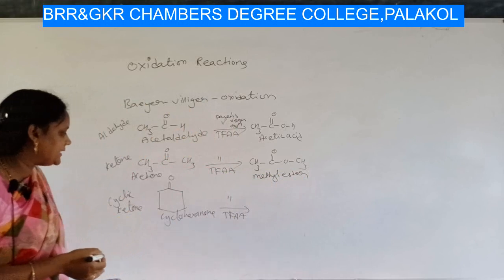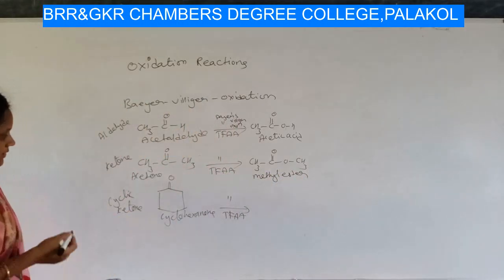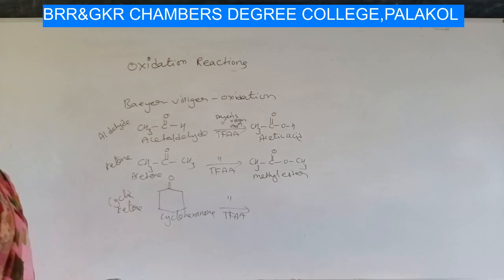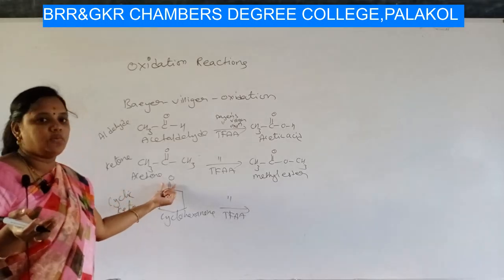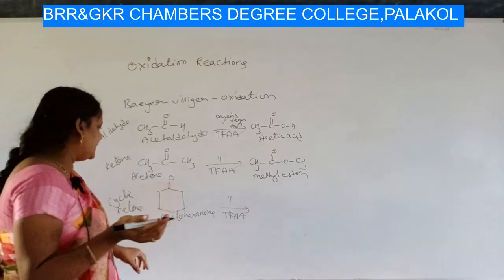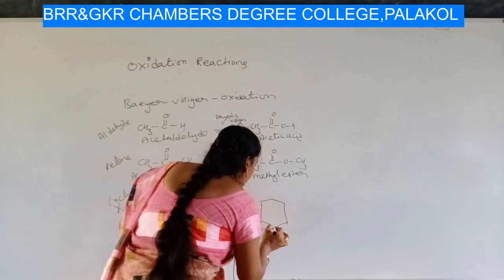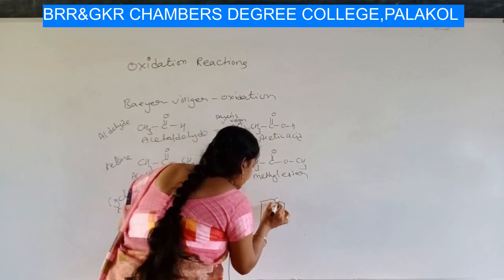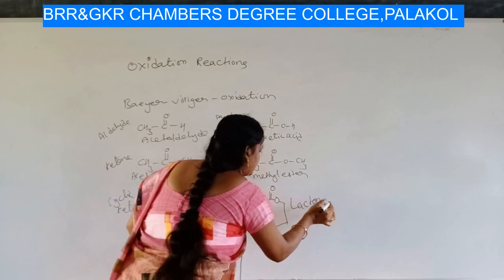Next, if you take a cyclic ketone, cyclohexanone: a benzene ring without double bonds is called cyclohexane, right? I have taken a double bond O, so it becomes cyclohexanone. So the oxygen will be inserted here, double bond O. This compound is called a lactone.